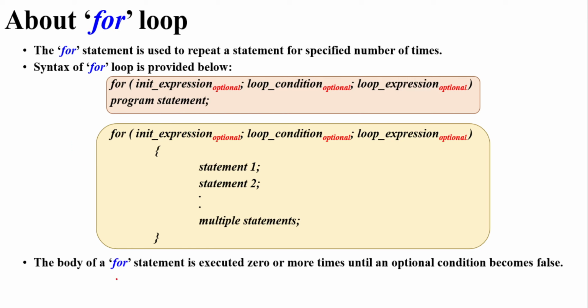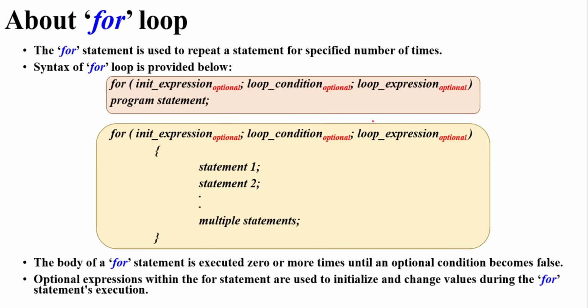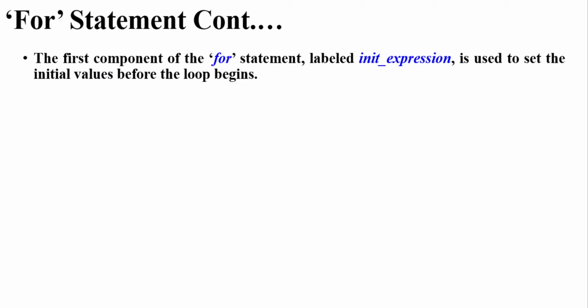Now, the body I have explained to you. This is the body of the for loop. A for loop can execute 0 or more times depending on the conditions we have written in the for loop. The rest I have explained about this last line. Now, the for statement.